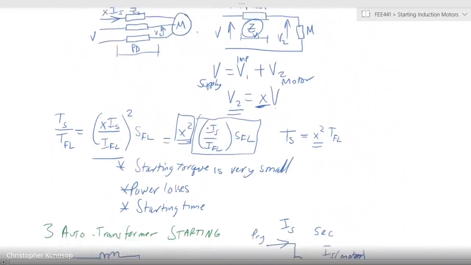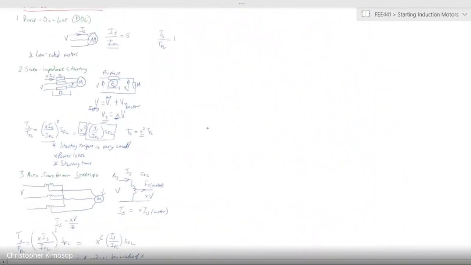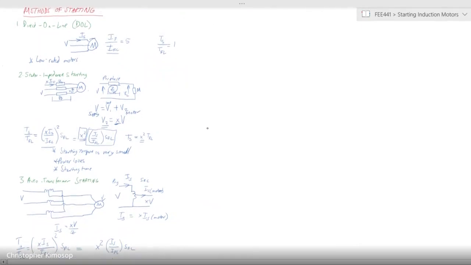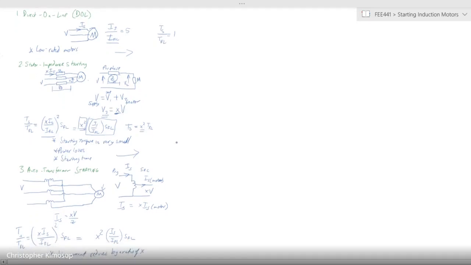So those are the three main methods of starting your three-phase induction motor, right? There are various advantages and disadvantages. Your direct online is simple, but it cannot work with large motors. Your impedance starting is a bit better, but you have power losses.